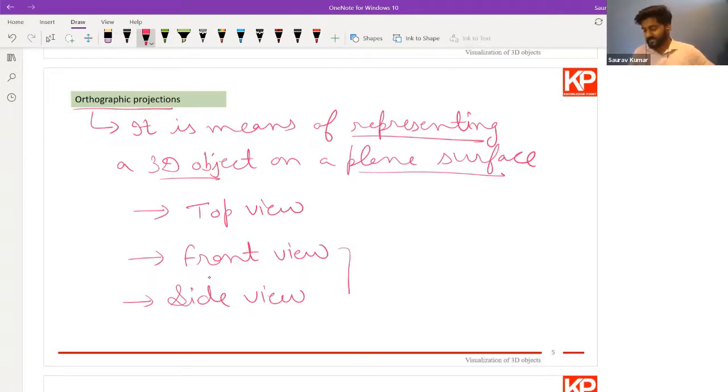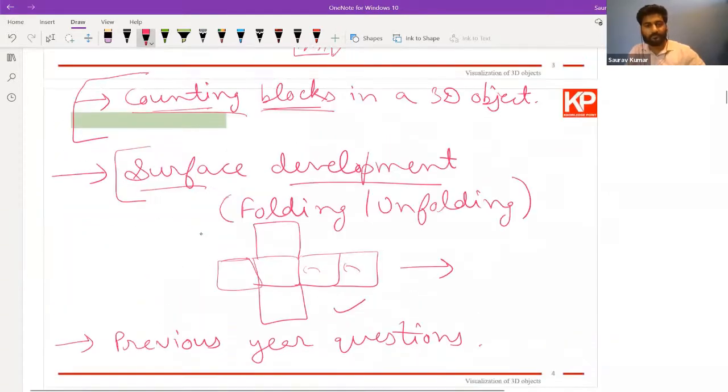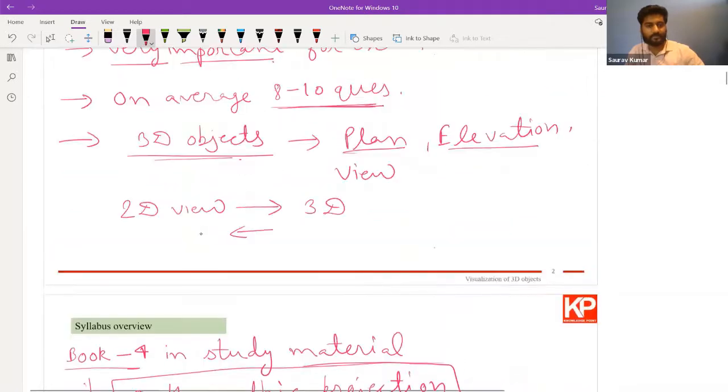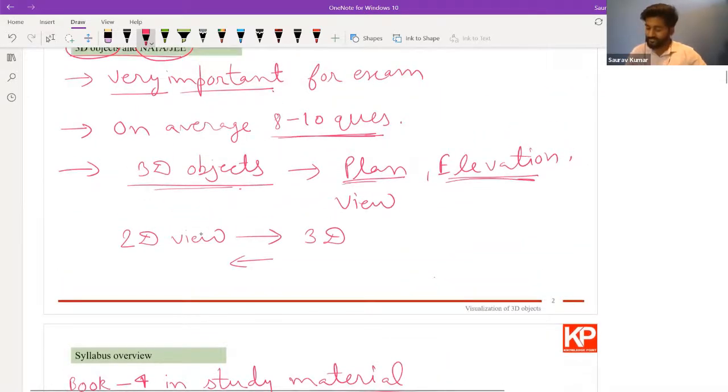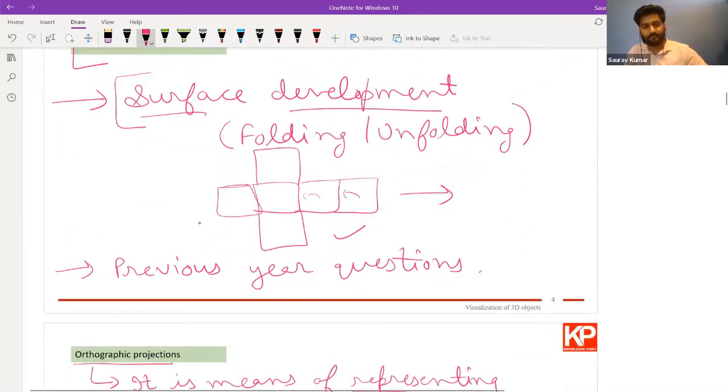The front view and side view could be called the elevations: front elevation, side elevation. The top view could be called the plan. Remember in one of the slide descriptions, I told you these terms: plan, elevations, and views.